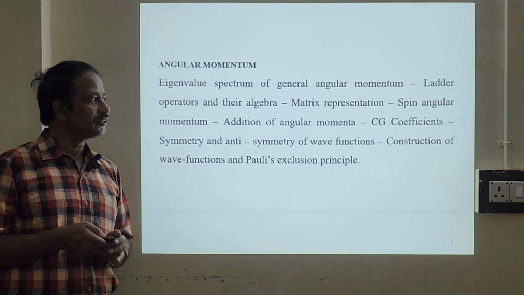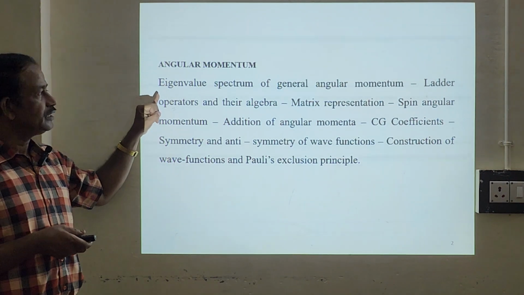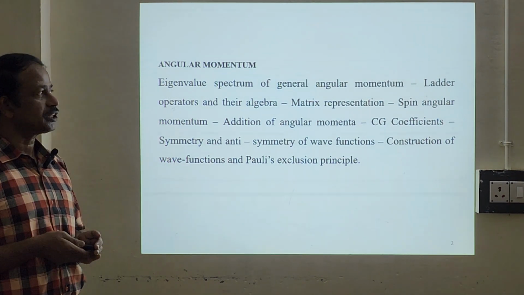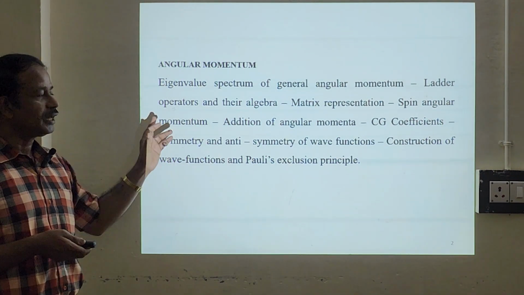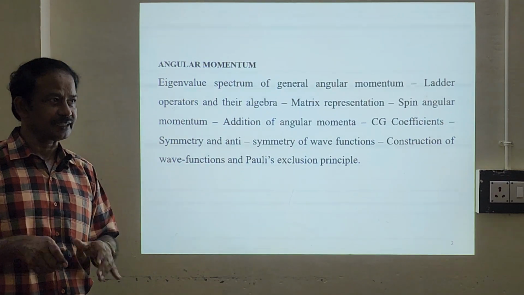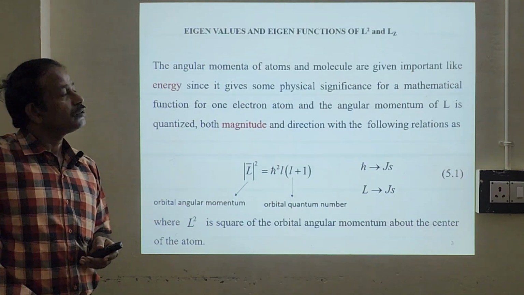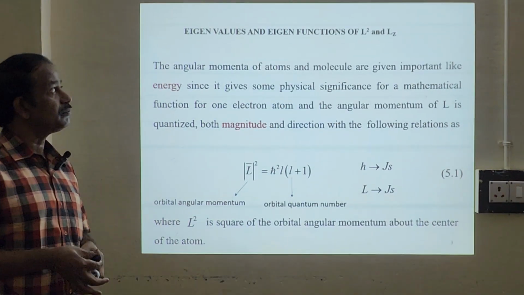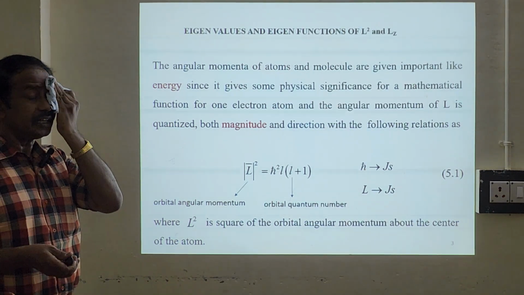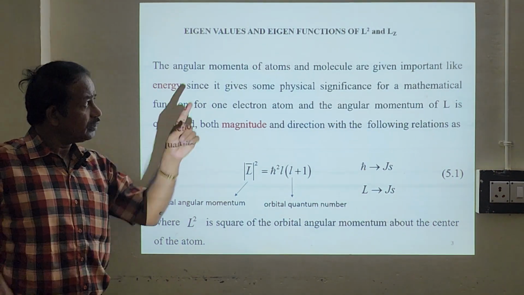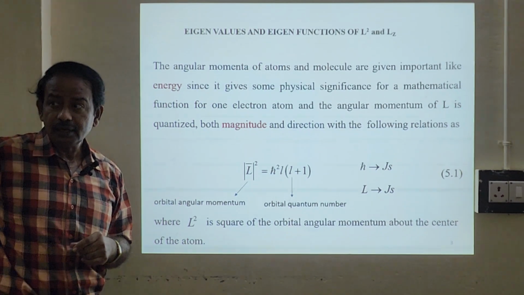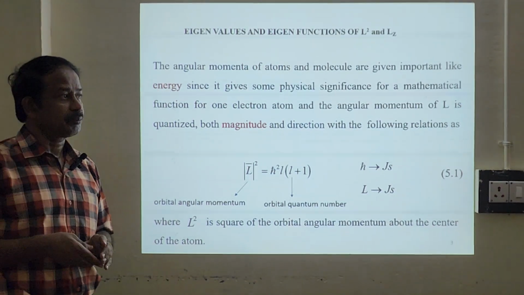So with this introduction, we are going to discuss today the eigenvalue spectrum of general angular momentum and ladder operators and their algebra in this class. We are going to find out the eigenvalues and eigenfunctions of L squared and Lz. Your L stands for orbital angular momentum.